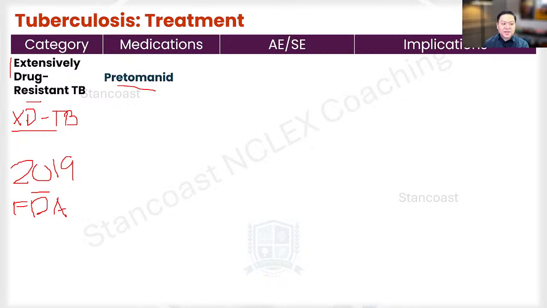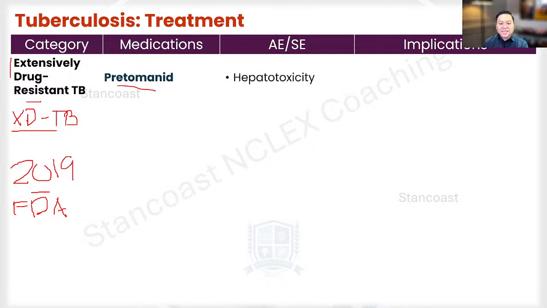So this is something that would benefit them. And the action of the medication is to stop the tuberculosis bacteria from making a key part of their cell wall. And so again, this will really kill the bacteria with this kind of medication.